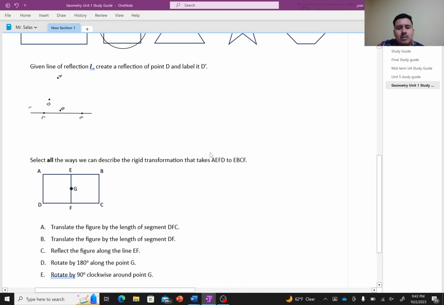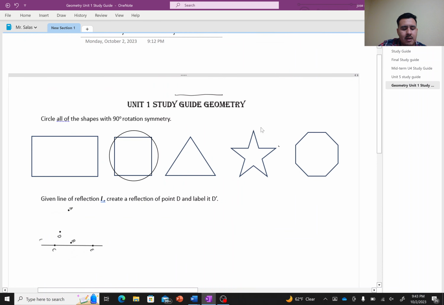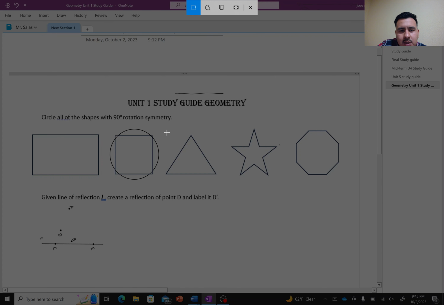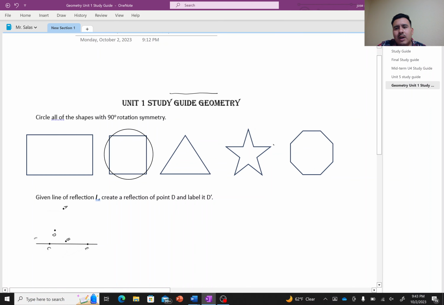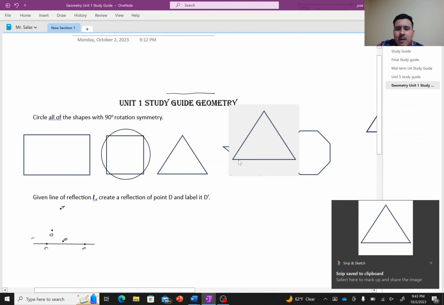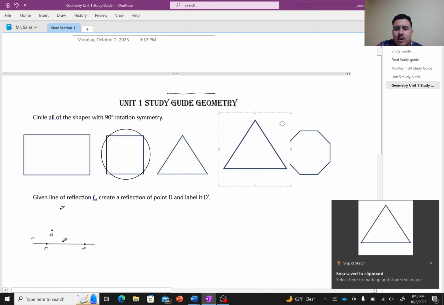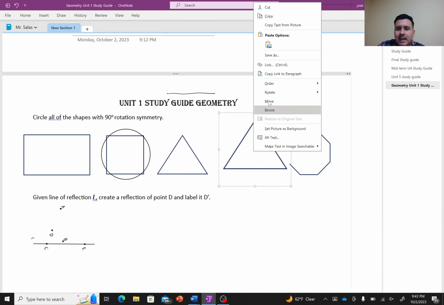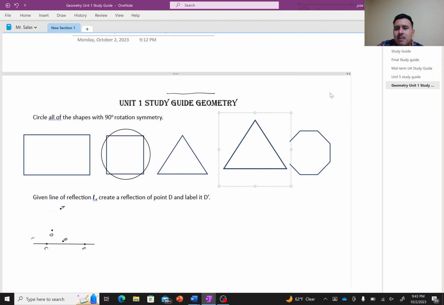Next up, the equilateral triangle. If I rotate an equilateral triangle by 90 degrees, what has happened here? Let's try this again. I take this equilateral triangle and paste my copy of it over here, then rotate it 90 degrees.